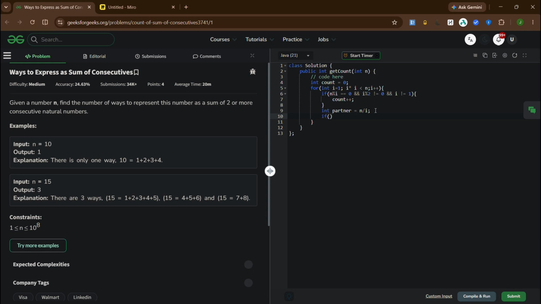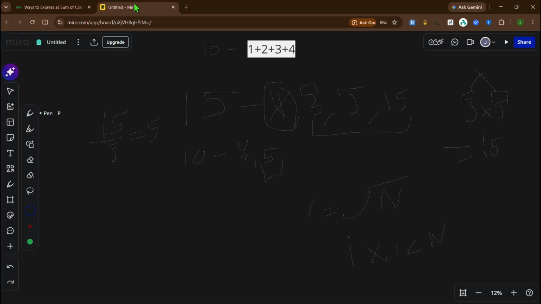So if n mod partner equals 0 and the partner should not be equal to I. For example, this 5 should not be equal to 3. Because if we have 25 and one factor is 5, 5 has already been included, and by dividing 25 by 5 we will again get 5. So we cannot increase count by 2, thus we will only increase it by 1.